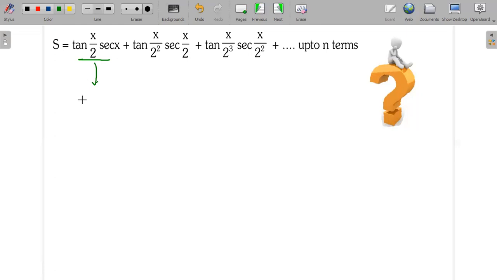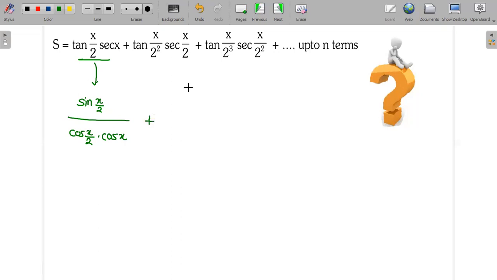We have the result in tan in the second. What will I do? I feel comfortable in sine and cosine, so I'll convert this result into sine and cosine. This result can be written as sine x by 2 over cos x by 2 times cos x. Correct. So whenever I have two consecutive terms of cos or consecutive terms of sine where the difference of the angle remains the same, this is the identity that you have to use: splitting of the term.